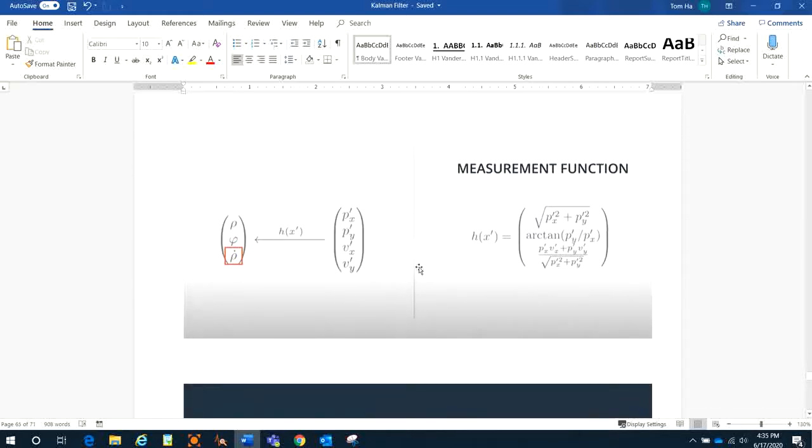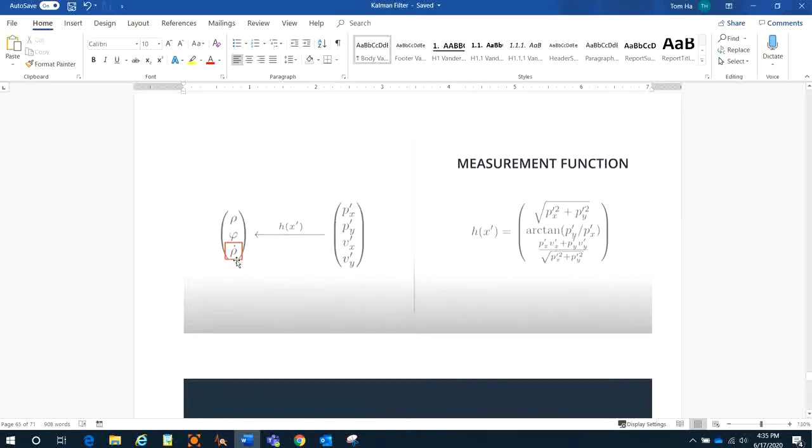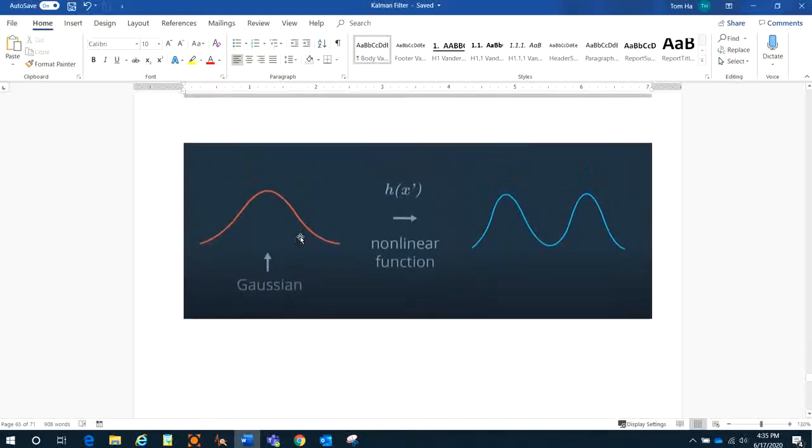In general, the measurement function maps the four state variables to the three measurements from the sensor. And we know this function is a nonlinear function.